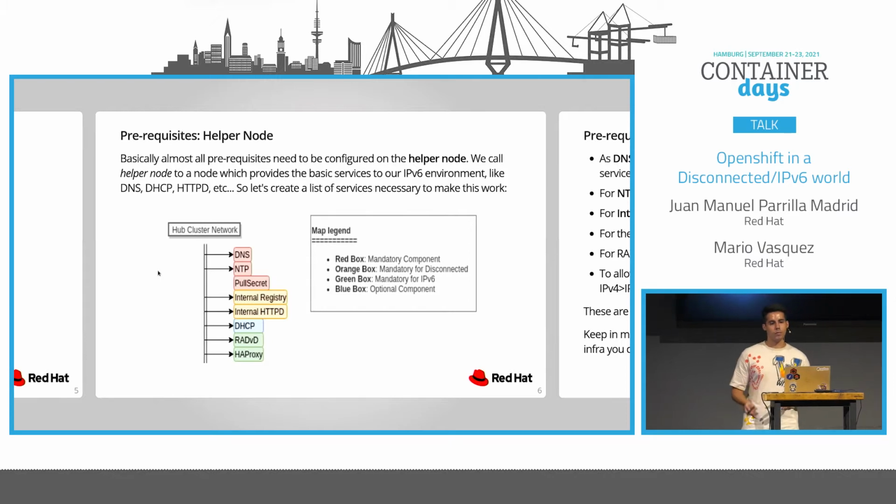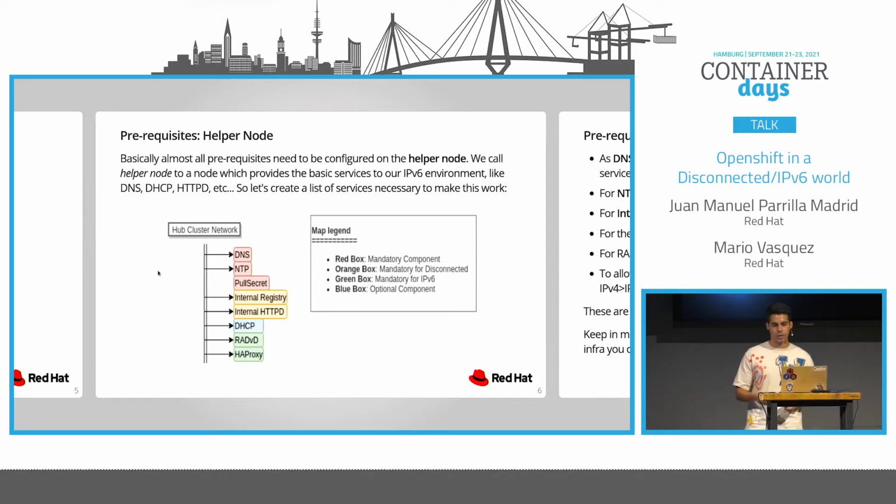Then we will need a pull secret. For those of you that are already familiar with Openshift, Openshift distributes the installer as a set of container images in our internal registry, and you need a pull secret to access those images. When you log into cloud.redhat.com, you will get that file.